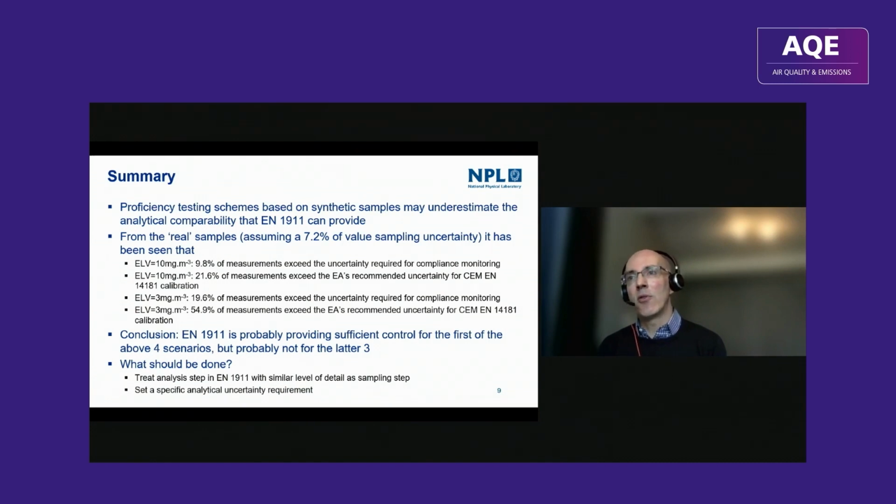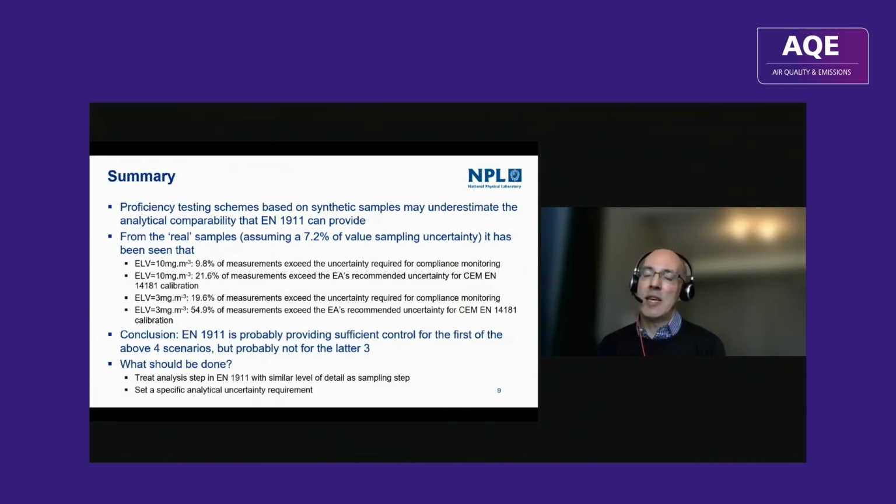From the simulated real samples, assuming a 7.2% sampling uncertainty, we've seen that at a limit value of 10 milligrams, a touch under 10% of the measurements exceed the uncertainty required for compliance monitoring, and that at the same limit value, a little over 20% of the measurements would exceed what one national regulator, in this case the Environment Agency, would recommend as the uncertainty necessary for a fit-for-purpose SEM calibration. If we go to a more challenging limit value of 3 milligrams, those numbers change to a touch under 20% and a touch over 50%.